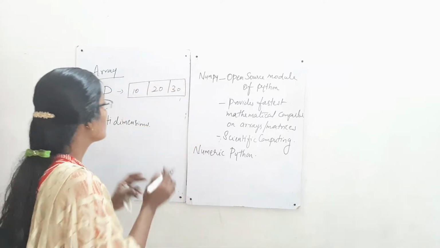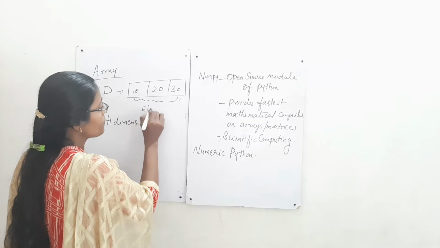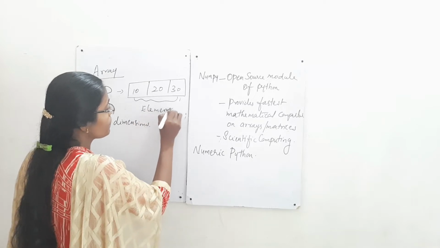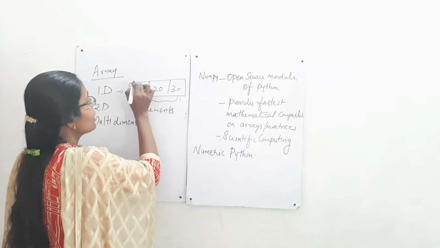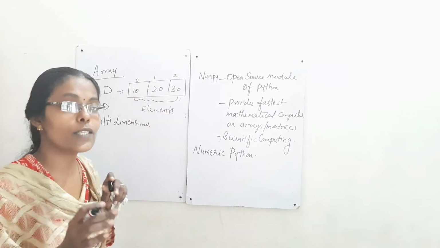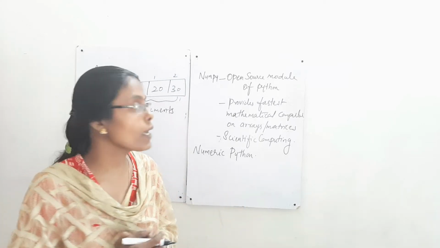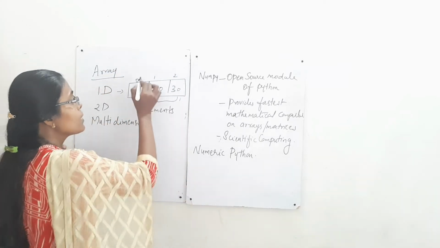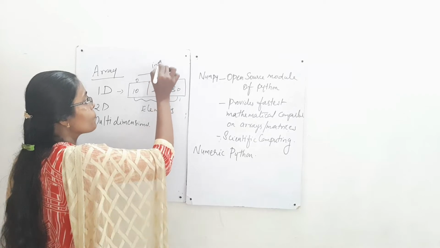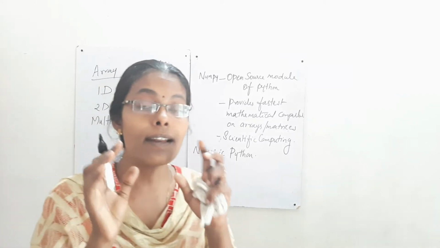These are all known as elements. And 0, 1, 2. Indexes always start with 0 and this is only with positive integers. So these are called index, used to identify each element in an array.